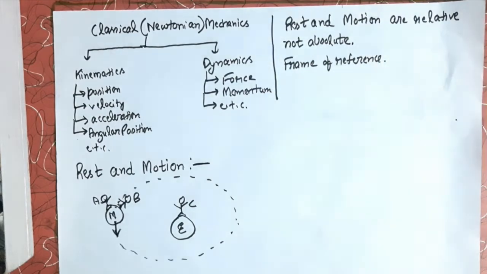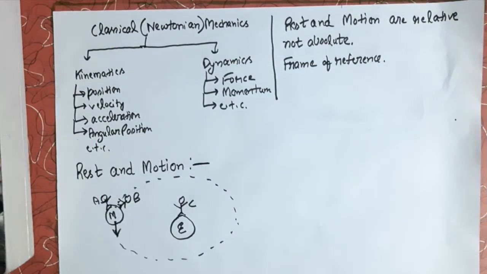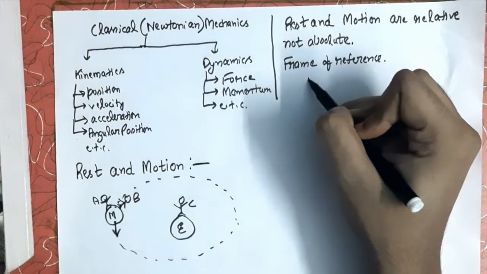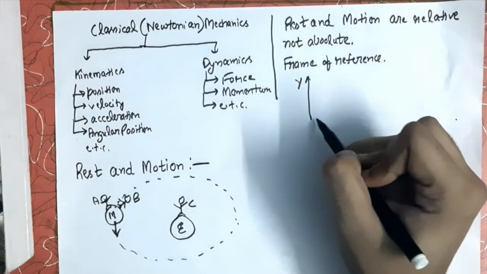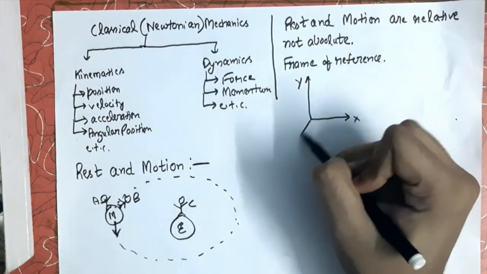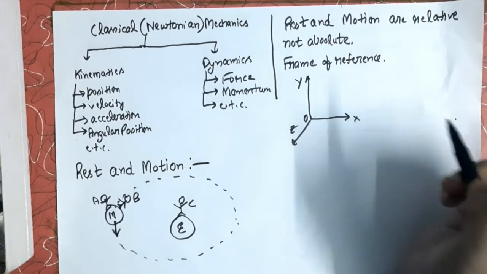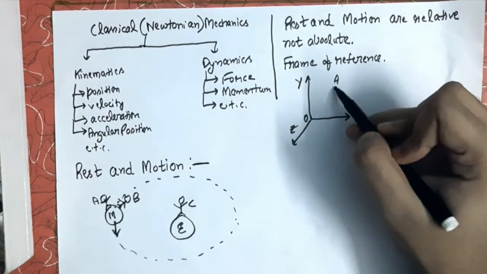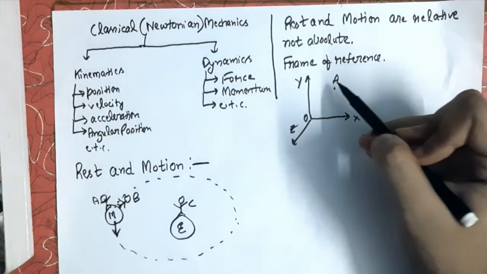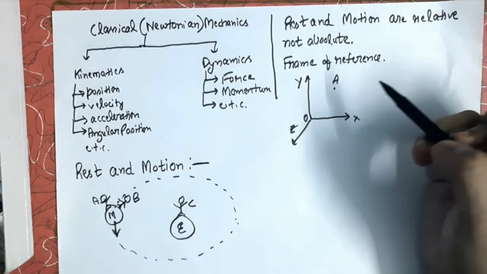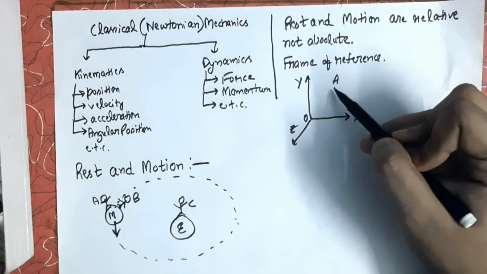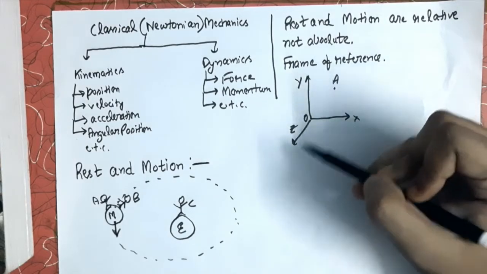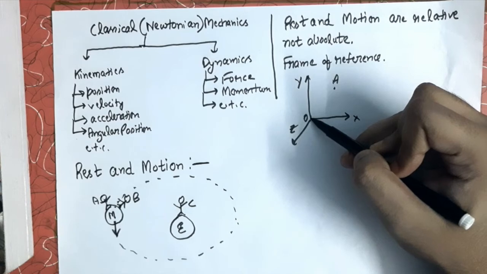Now what is a frame of reference? Suppose we have a coordinate axis: this is y, this is x, and this is z. This is your origin. Now if you have a person A here, any random particle or a person, it has some position with respect to this coordinate axis.